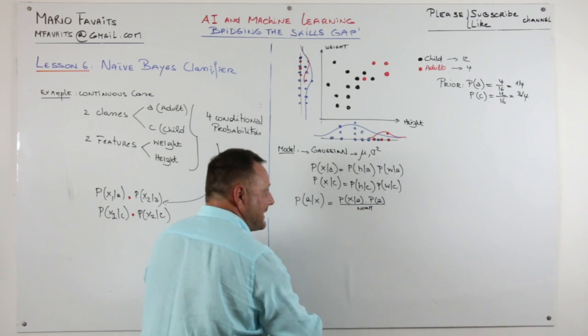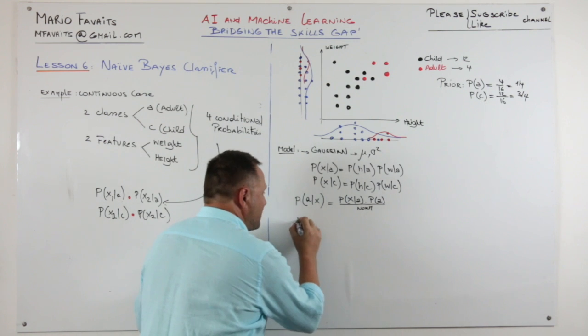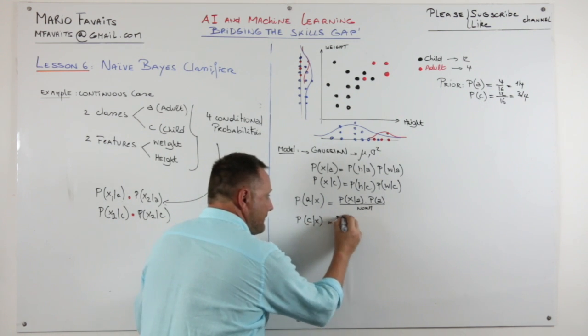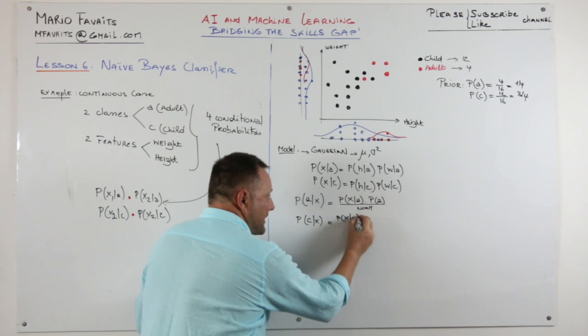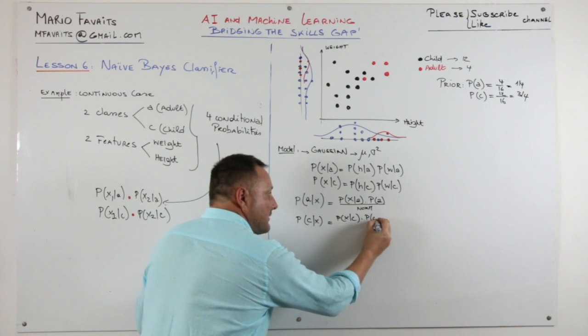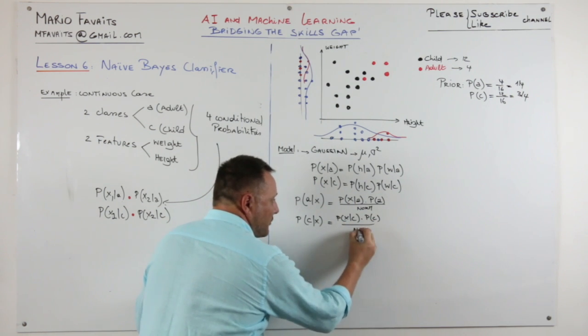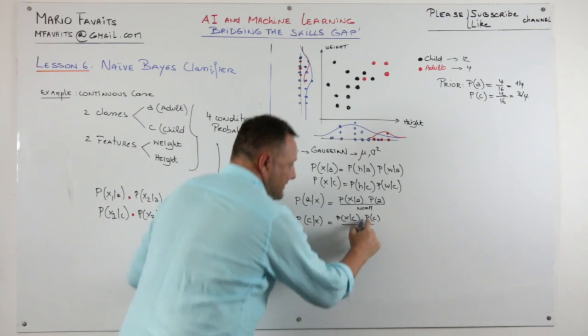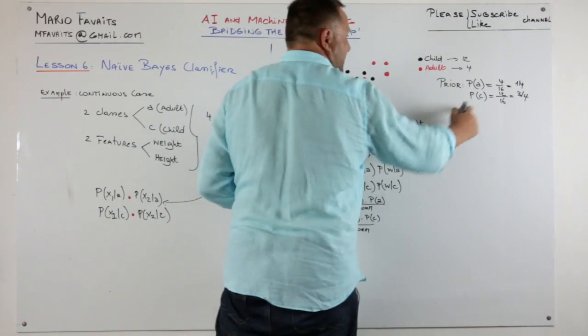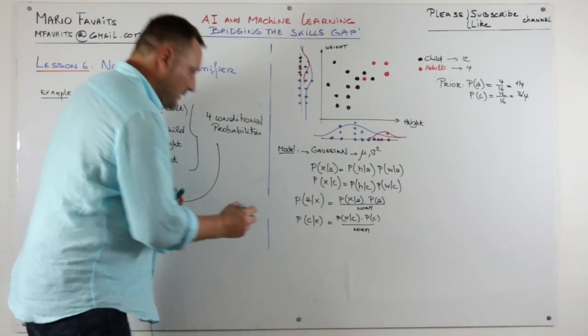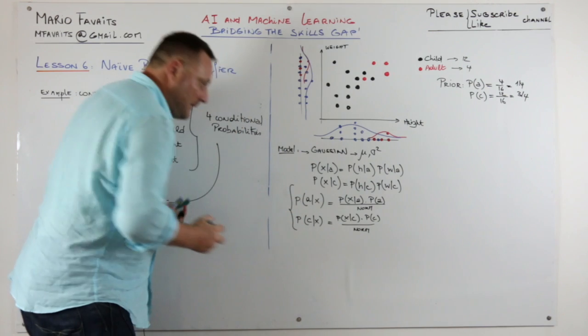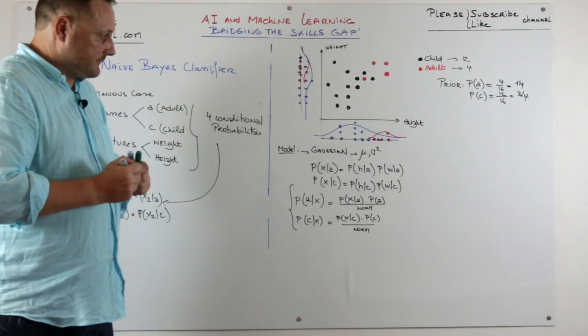I'm not going to make any calculations, I'm just going to show you how to calculate. And a child given x is exactly the same. X given child times p of a child divided by the norm. And this p of c, p of a, this is exactly what we calculated here. So this is basically going to be your end result.